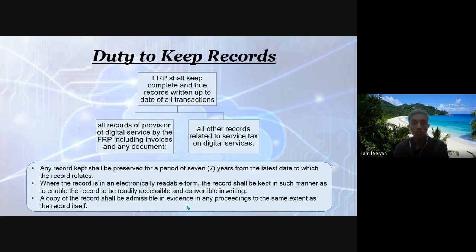Where the records are in electronically readable form, the records shall be kept in such a manner as to enable them to be readily accessible and convertible into writing. A copy of the record shall be admissible in evidence in any proceedings to the same extent as the record itself.